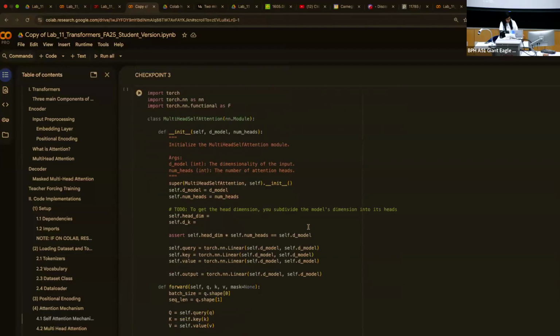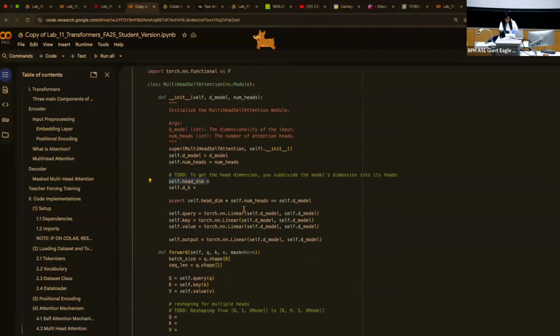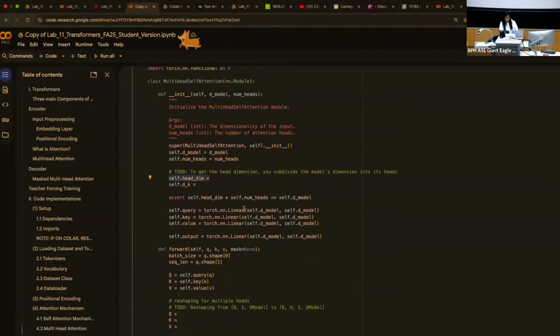So how we do that is how we define the head dimensions. When we initialize multi-head attention, we consider the number of heads that we want, and we want our head dimension times number of heads to equal my D model.